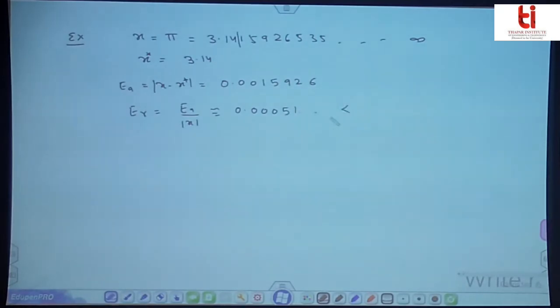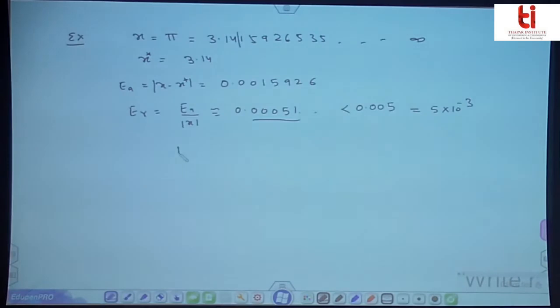This number is less than 0.005. There are 3 zeros and here it is 2 zeros obviously. So this number is less than 0.005. We can write this number as 5 into 10 raised to power minus 3.